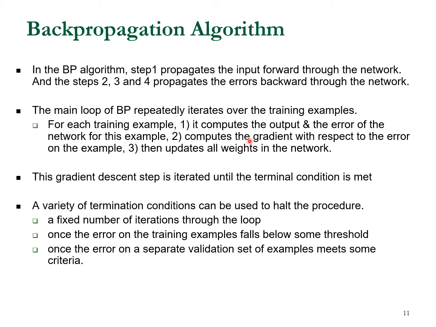Now compute the gradient with respect to the error of the example, and then using this gradient we update the weights in the network. This update process is iterated until the terminal condition is met.